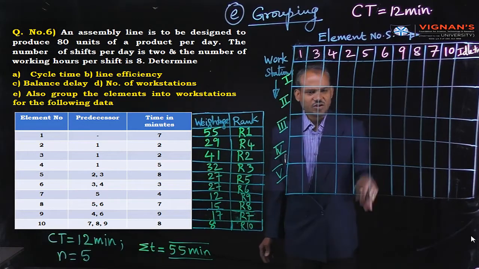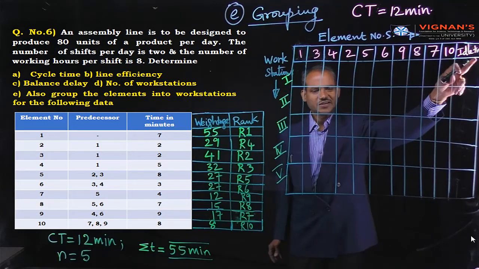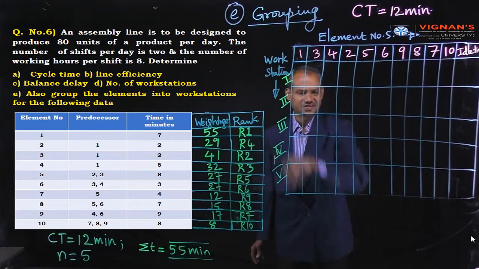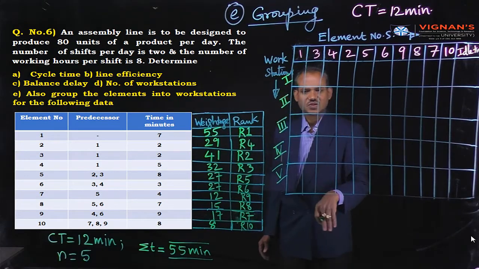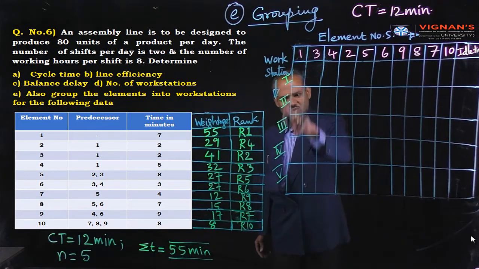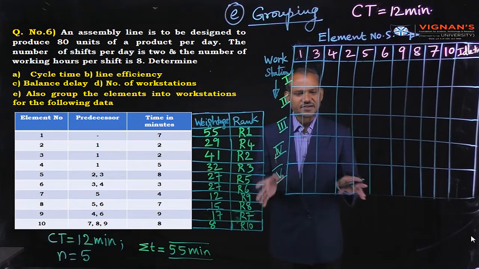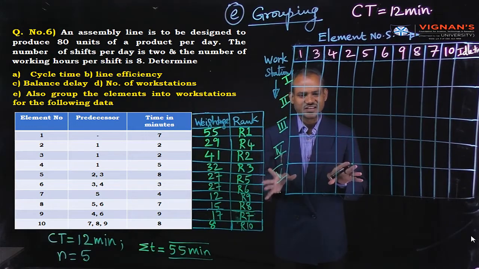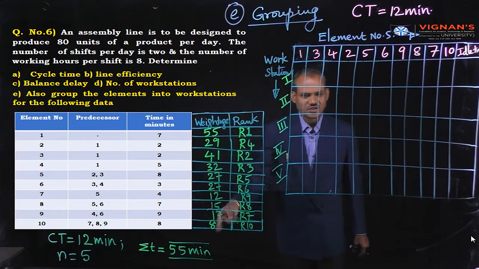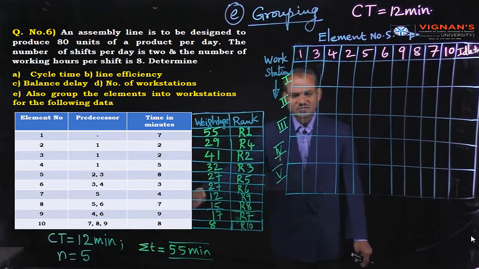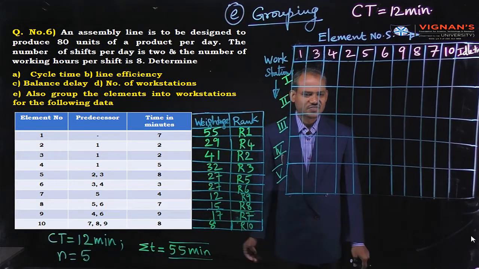At the end of the column, write one heading, that is idle time. We are going to calculate idle time at each workstation. Next, coming to this side, this means workstations. Why have I written 1, 2, 3, 4, 5? Because we have already calculated the number of workstations designed for this problem: small n is equal to 5.